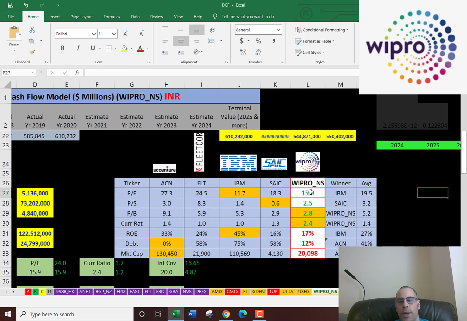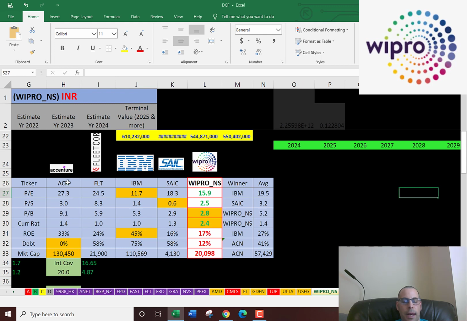So the best way to look at ratios is to compare them to similar companies. I've done videos on Accenture, FleetCor, IBM, and Science Applications. This is WIPRO right here. And if their numbers are in green, they're better than the average in the industry. If they're in red, they're worse than the average. So for PE, they're better than the average at 15.9. Average is 19.5.